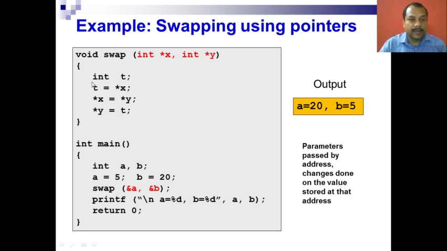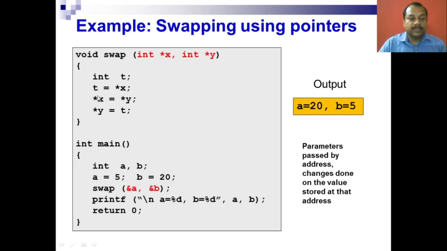So again I have int t, one temporary variable. Now star x here is indicating the content of a using the pointer concept. That will be copied to t. Then the content of star y will be copied to star x, that is a. Then the content of t will be copied to the content of star y, that is b.